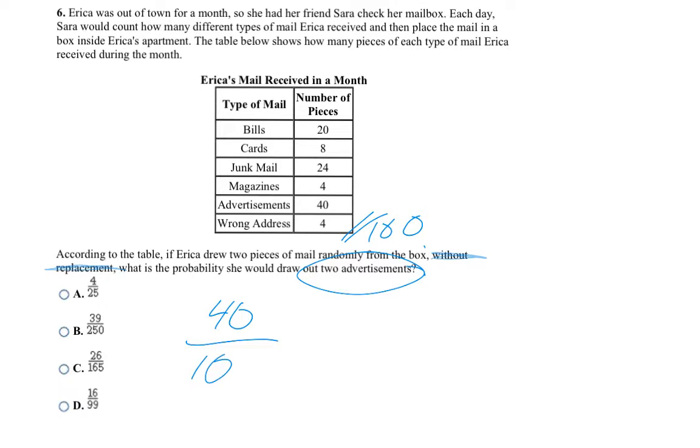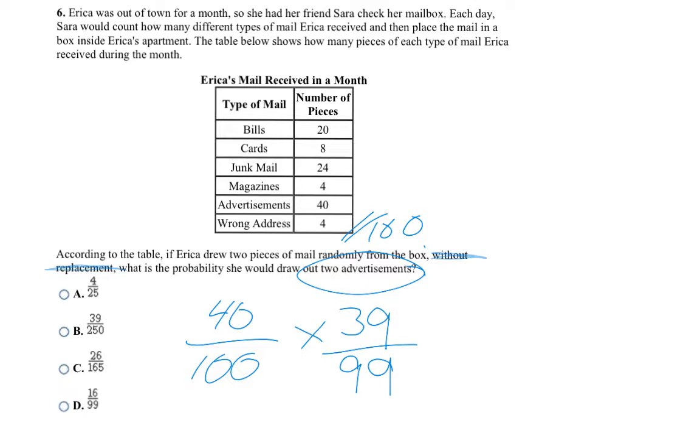So 40 out of 100 is the first probability. And then we're going to multiply that times the second probability. But because she didn't put that back in, we now have to say there's only 39 advertisements in the pile out of 99 total pieces of mail, because she took that first one out.